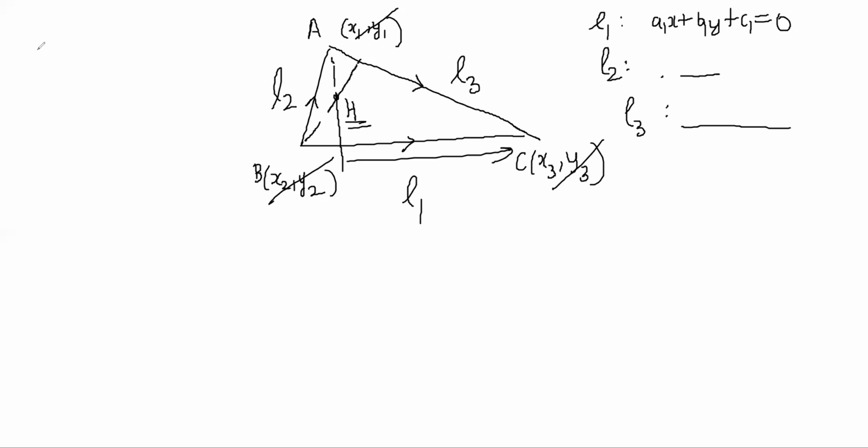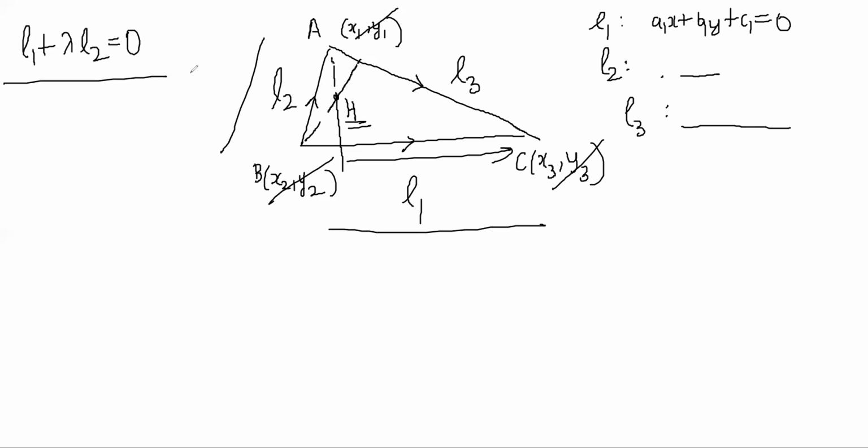Another way to do it would be using this new theory that we have learned, right? We can say that we know line AB and BC, then any line passing through B can be written as L1 plus lambda L2 is equal to 0. So any line passing through B will be able to represent an altitude also, no? So one of those infinite lines is one altitude, right?